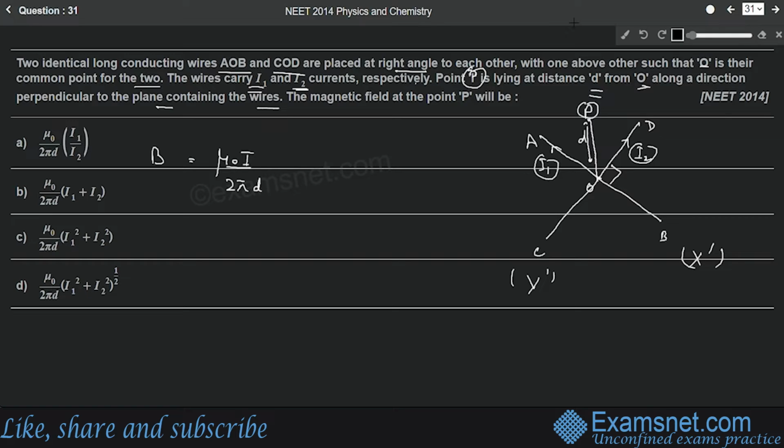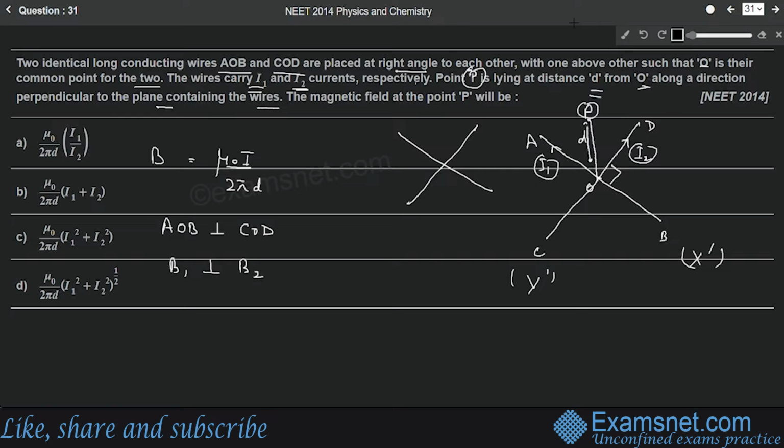So here two magnetic fields will be there, one due to the wire AOB and the other due to the wire COD. We know that the wire AOB is perpendicular to the wire COD. So the magnetic field due to AOB, that is B1, will also be perpendicular to the magnetic field due to the wire COD, that is B2. If you apply the right hand thumb rule, you can see that due to the wire AOB, the magnetic field will be in the downward direction.